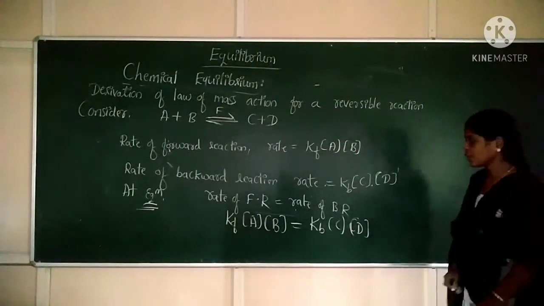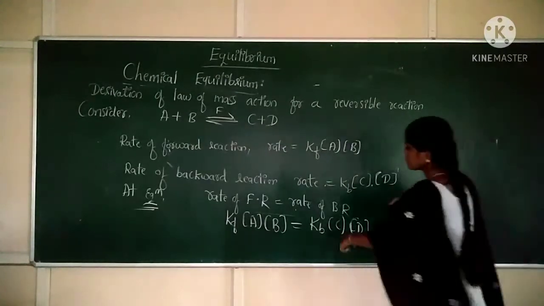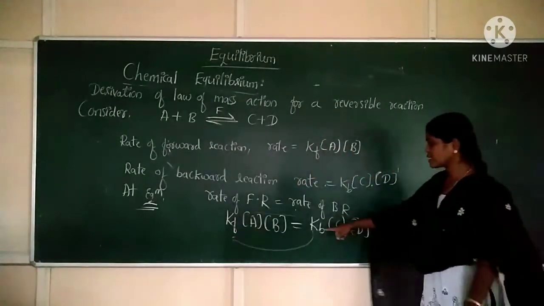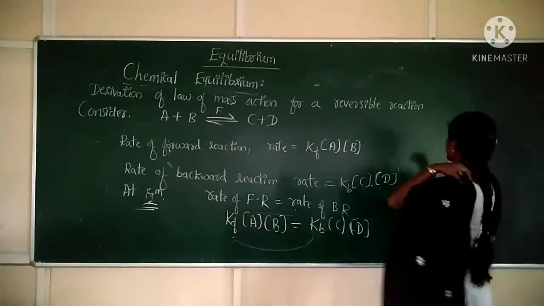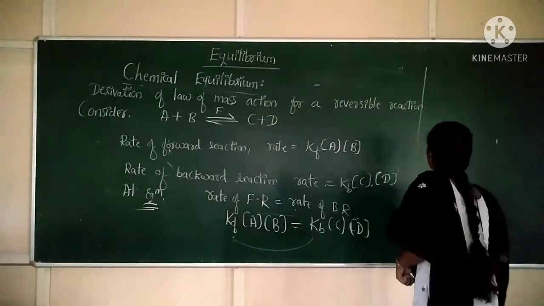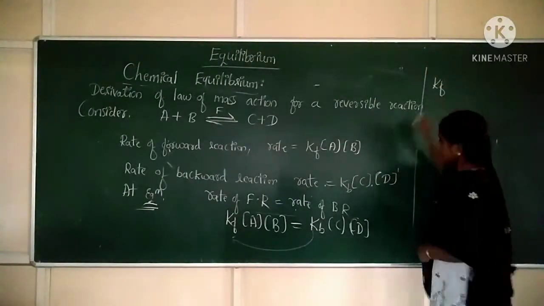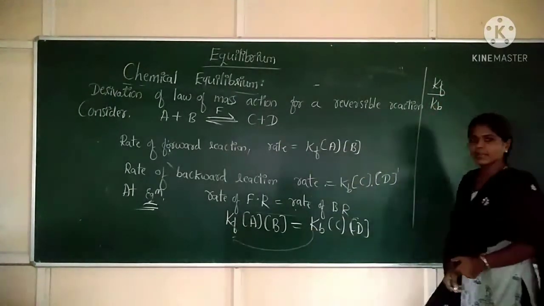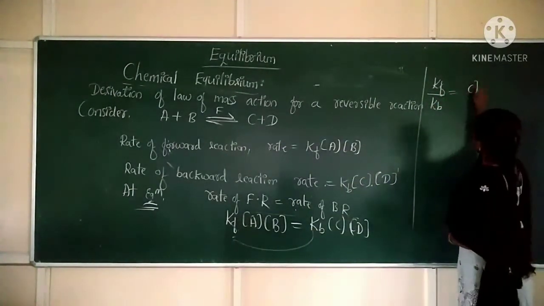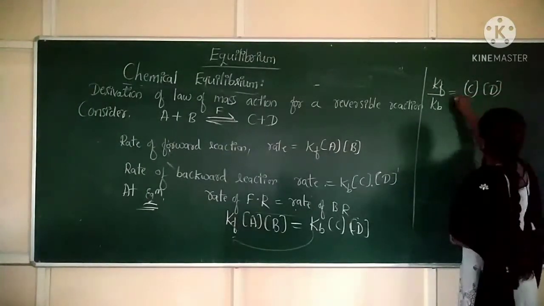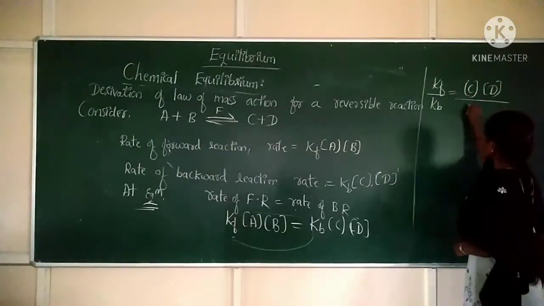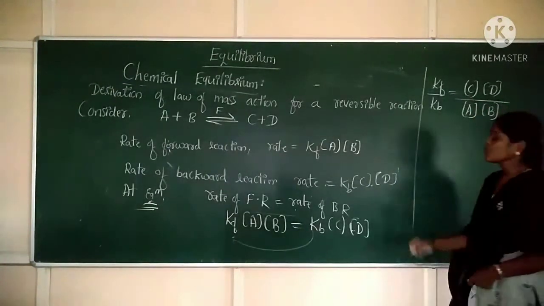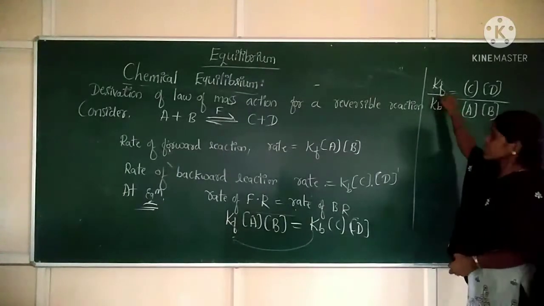Now bring KB to the denominator. KF divided by KB equals C into D divided by A into B. What is KF?